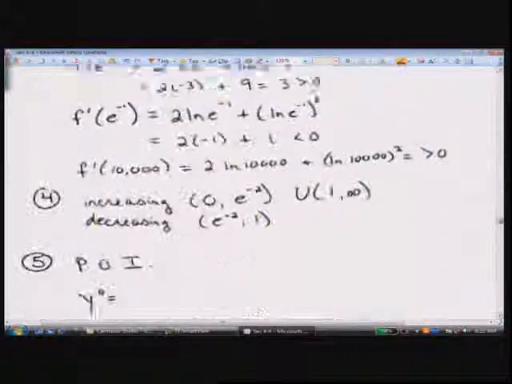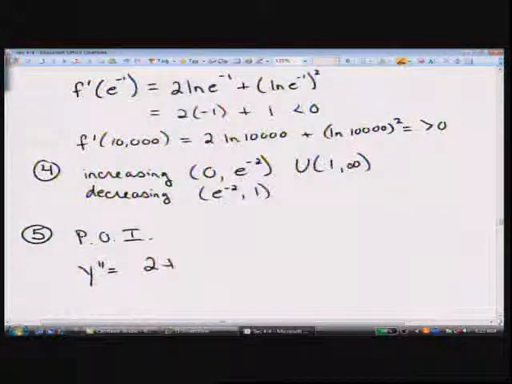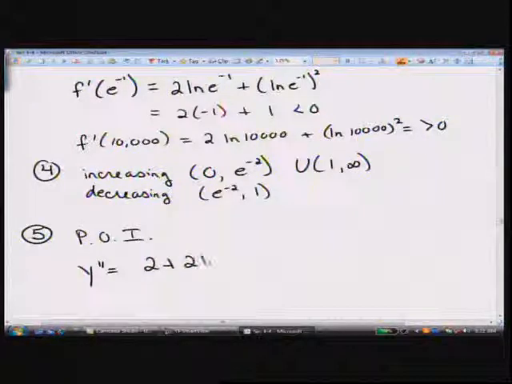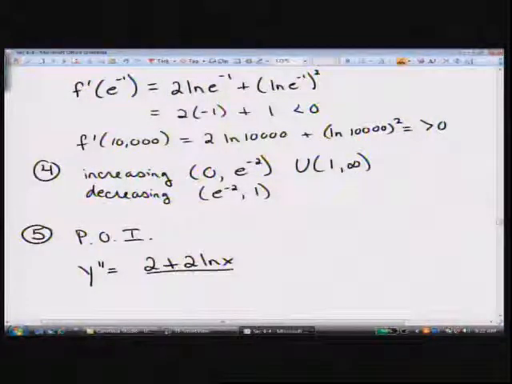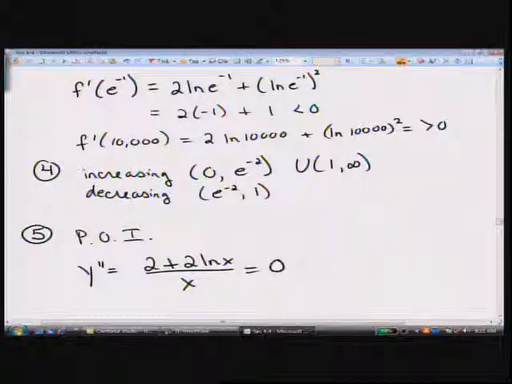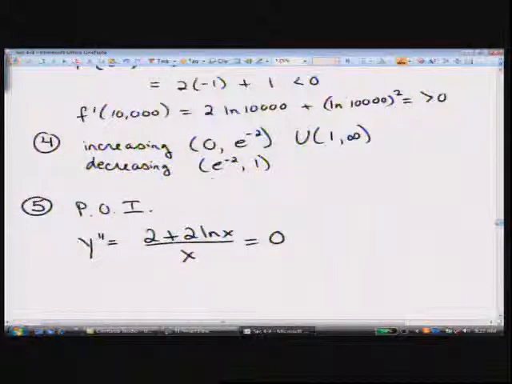So I'm going to put that all over x. So this is 2 plus 2 ln x all over x. See where that equals 0 or is undefined. It's actually undefined at 0, but 0 is not in the domain, so you're good to go there. So all we have to do is figure out where the numerator equals 0.